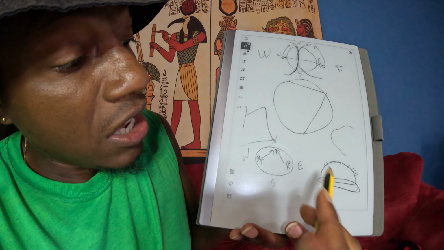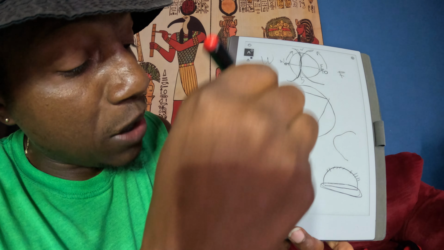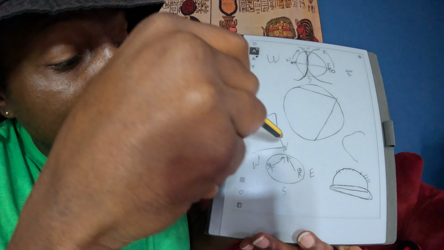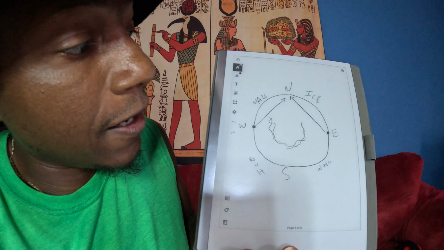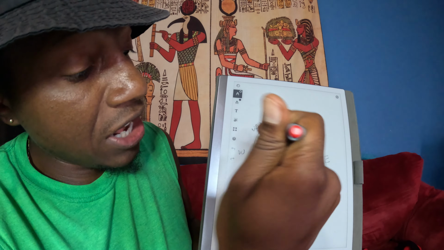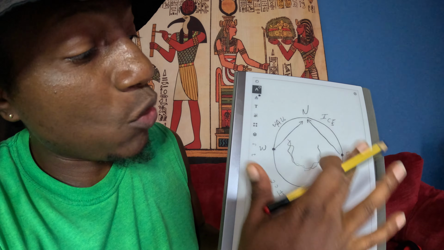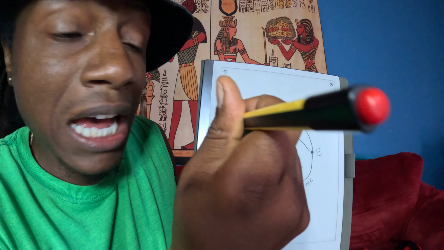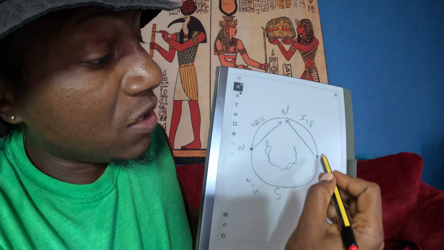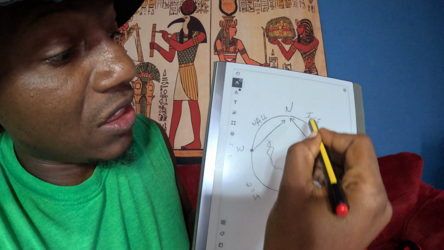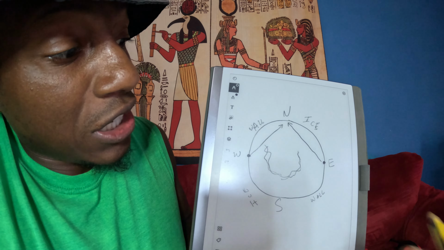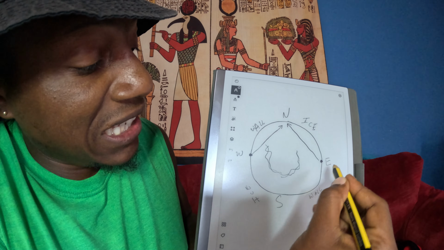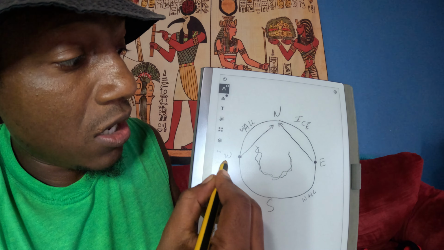If we look at the earth from up top, looking down, we would say, hey, we're in the sky right now. So your view is in the sky, and we would say the earth is a circle. So we're looking from the sky. One side is east and one side is west.